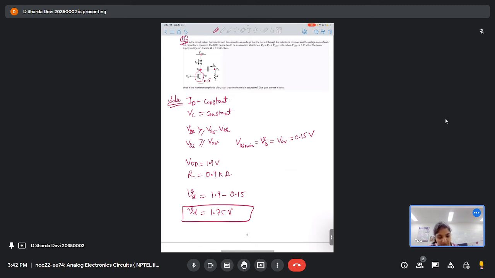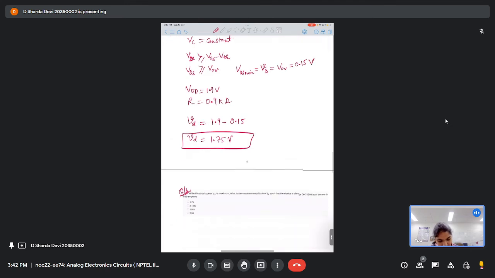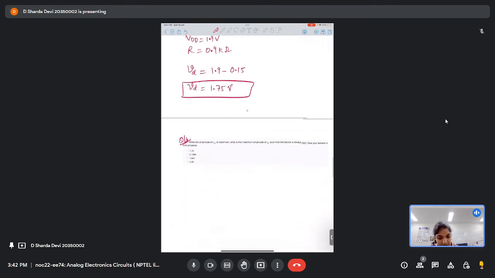Okay, now next question, coming to the fourth question. So this is the continuation question. Here it is asked that while VD is maximum, so we came to know, right, what is the maximum VD we can have. So maximum VD, that is of 1.75 volts.